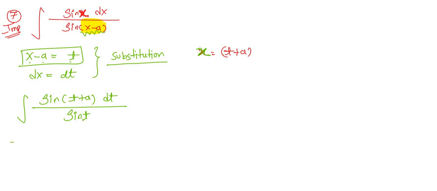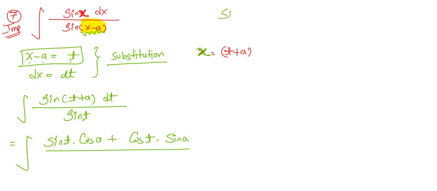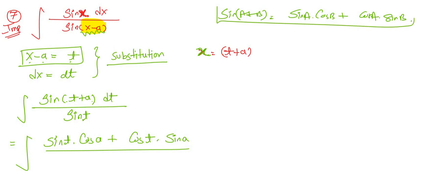Fine. What is the sin a plus b formula? It is sin a cos b plus cos a sin b. That's how we write it. Let me write it. What is the sin a plus b formula, guys? Sin a cos b plus cos a sin b. So I am using this here, divided by sin t.